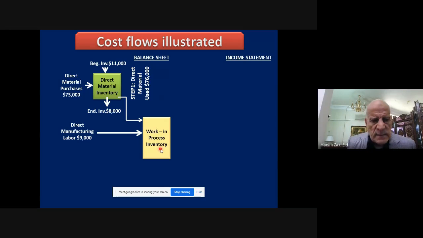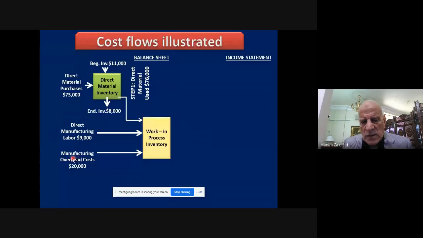The third manufacturing cost item is manufacturing overhead costs, or you can say indirect manufacturing costs. We assumed that these amounted to $20,000.